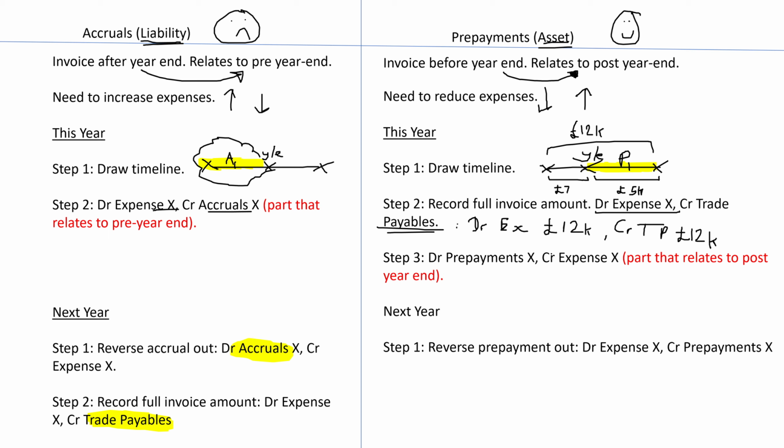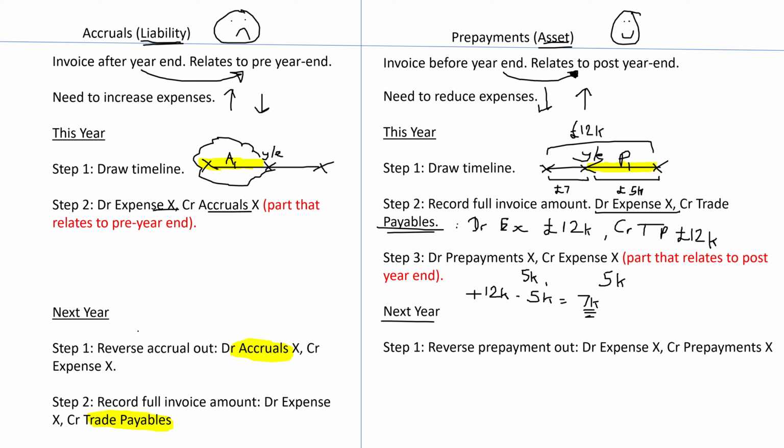Now for debit prepayments, we have to do 5k because that relates to after the year end, and credit expense 5k. So basically what I want to show you is that if you think of debit and credit as positive and negative, we're doing 12k minus 5k, and what's that giving us? 7k. So it all works out in the end, is what I'm trying to say.